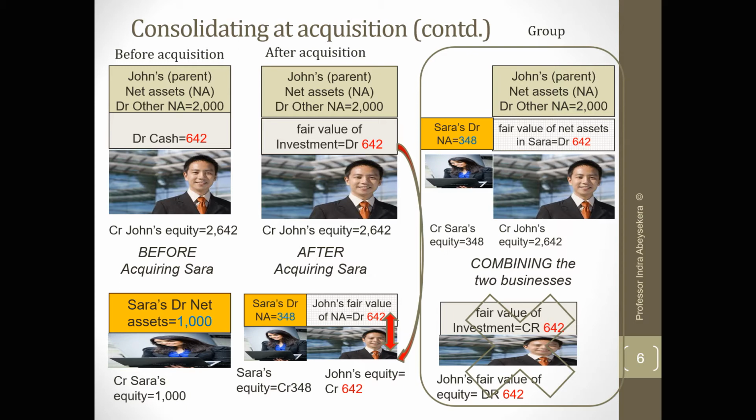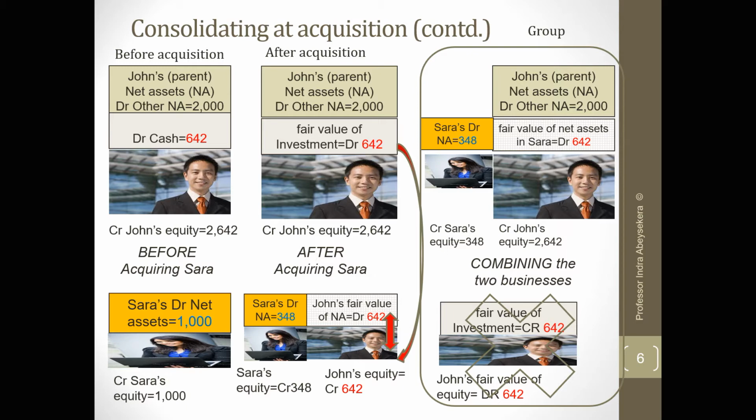Effectively, the net assets of Sarah's company is the equity there, which is equal to $1,000. When we combine the two entities now, that is the second column, it looks like John had a transaction in Sarah's company where there was investment in Sarah and Sarah's company sold shares.